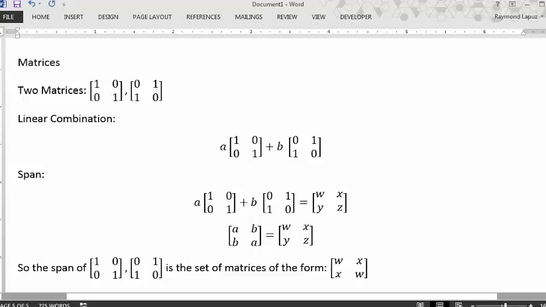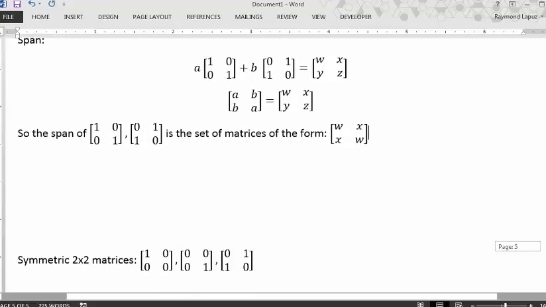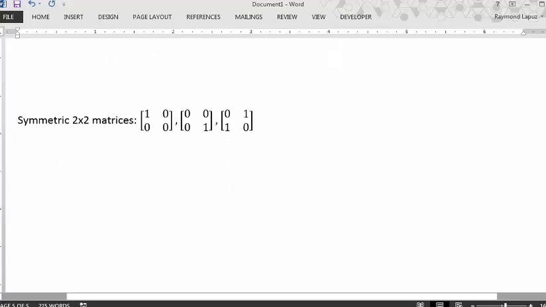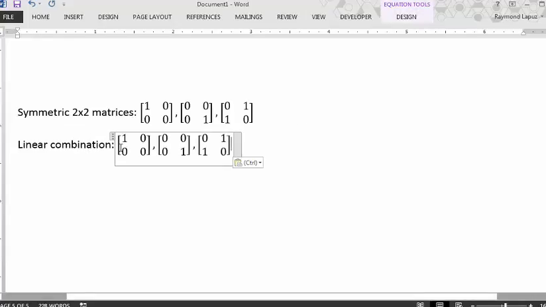So the span is going to be asking the question, what is the linear combination of these three matrices, and what would it look like if we arbitrarily called it W, X, Y, and Z? Alright, so we'll set it up the same way.